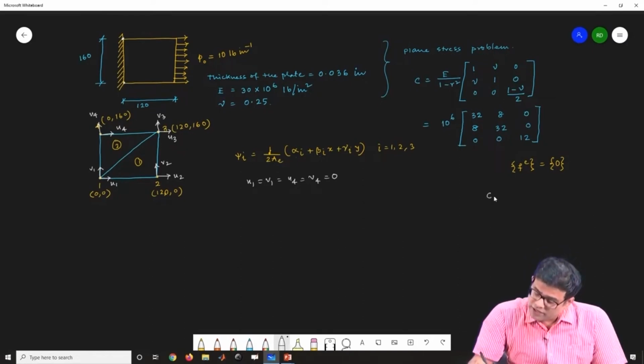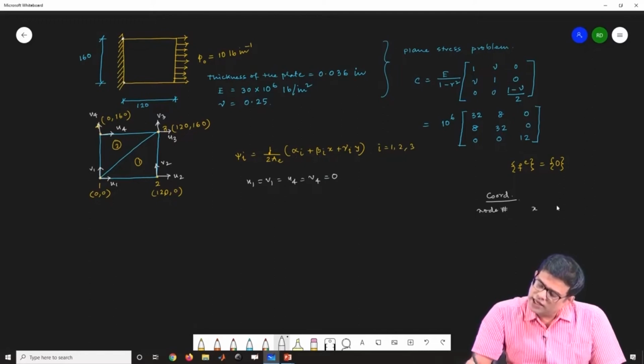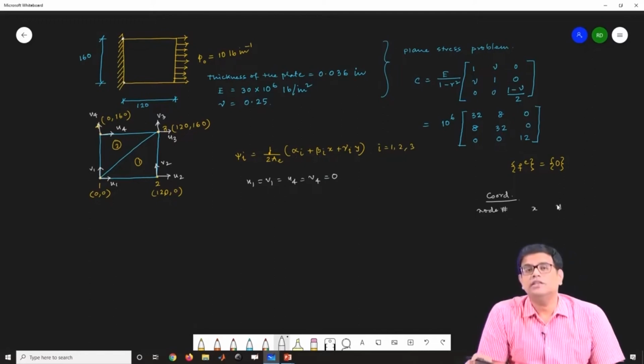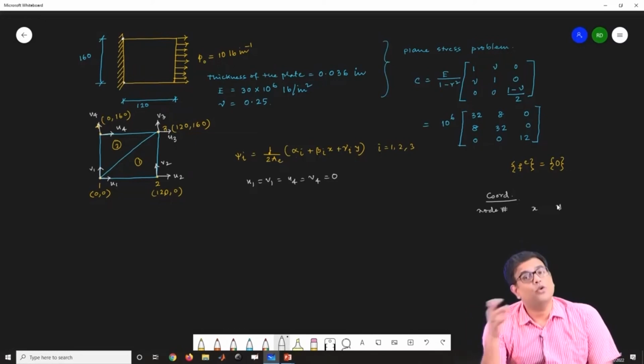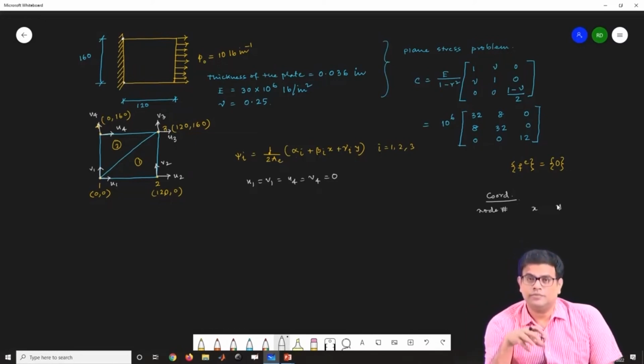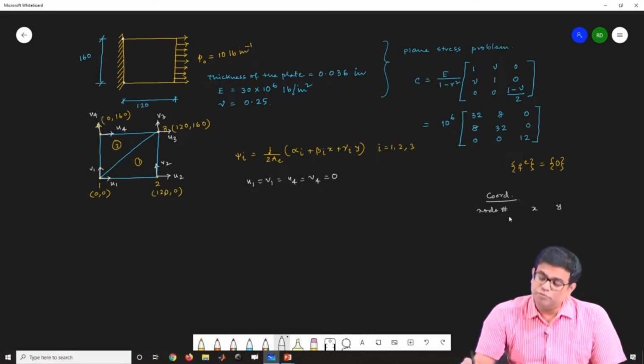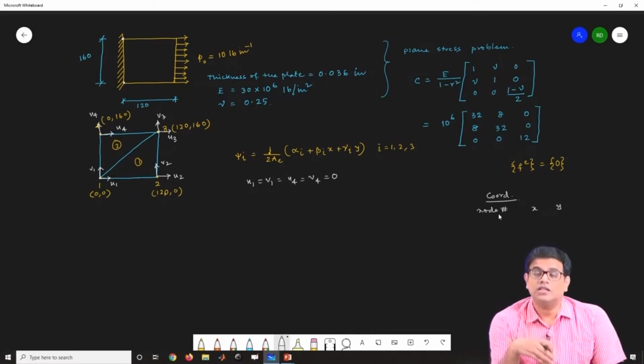The coordinate matrix will have the node number, x coordinate, y coordinate. Why am I doing it this way? Because this is the way we program it in the software or the programming language. In the computer solution, if you increase the number of elements, then you need to input it in this way.